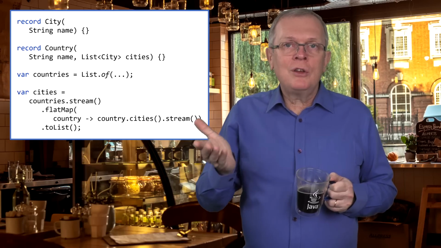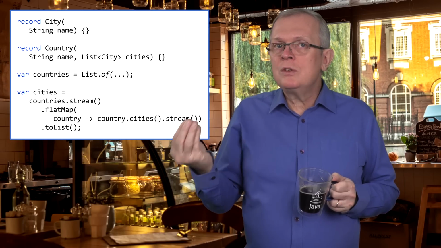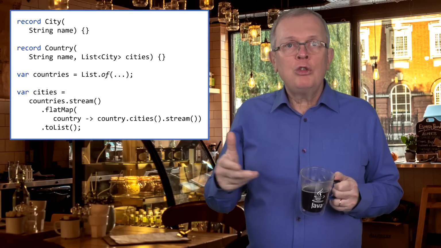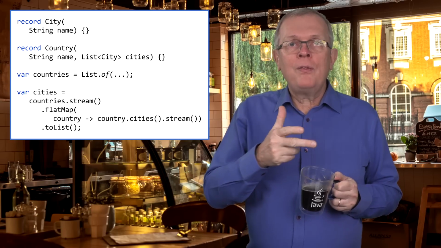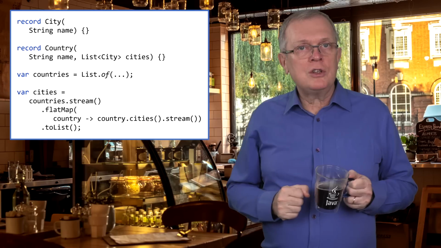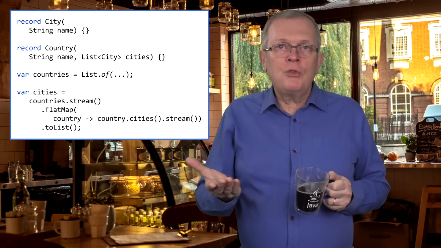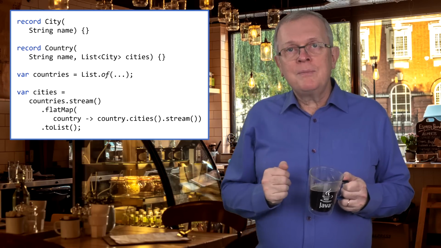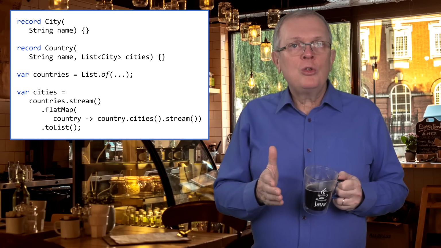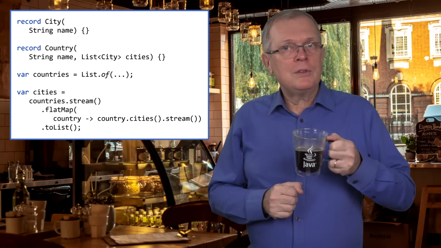Odds are that each country will contribute at least one city in a final stream, so you will end up with more cities than you had countries, thus the one-to-n relationship. But you could also imagine a country without any city that would contribute 0 city. So a flat mapping could as well produce no element.